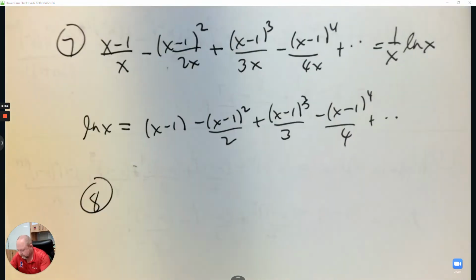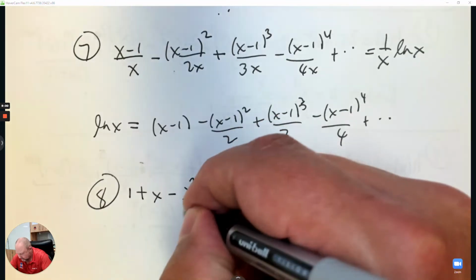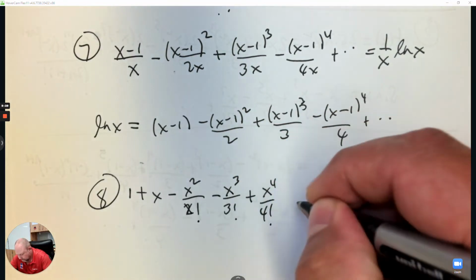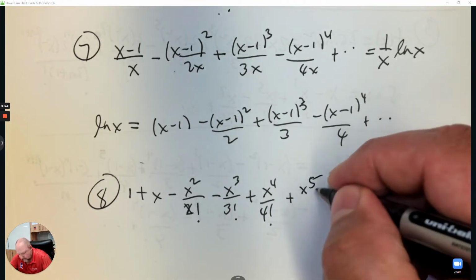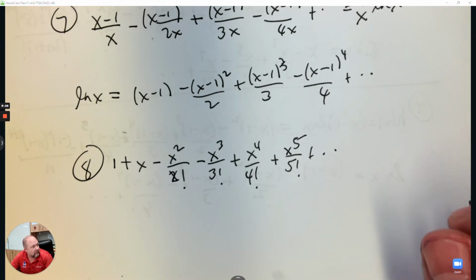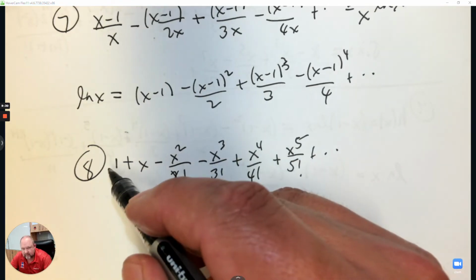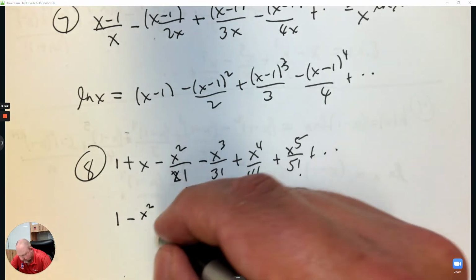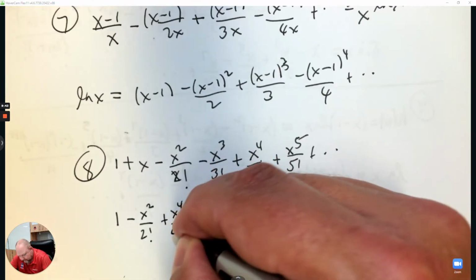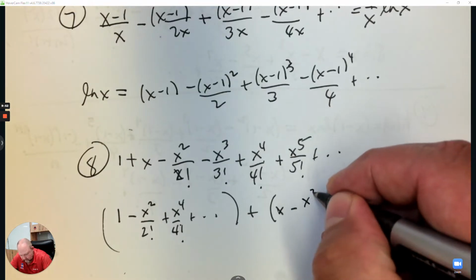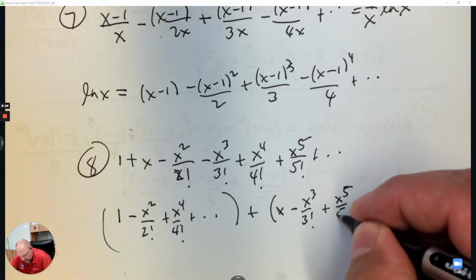Number 8. Oh, this one's tricky. So let's say like you have 1 minus x squared plus and so on, and then you have x minus and so on.